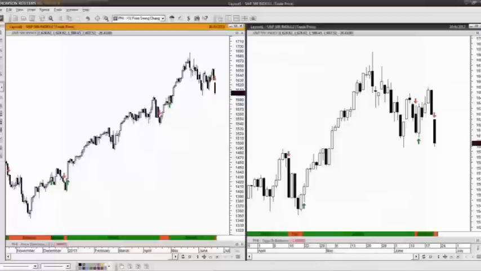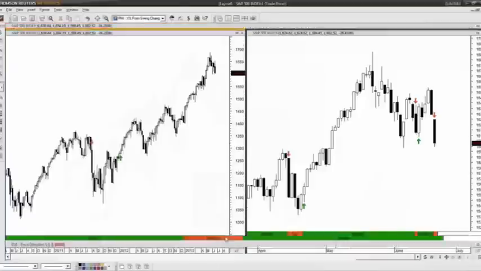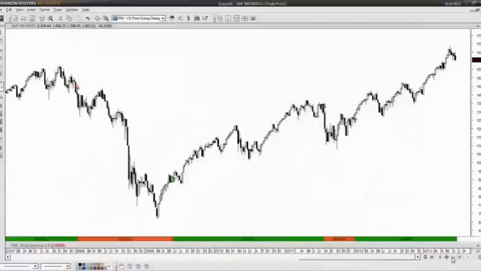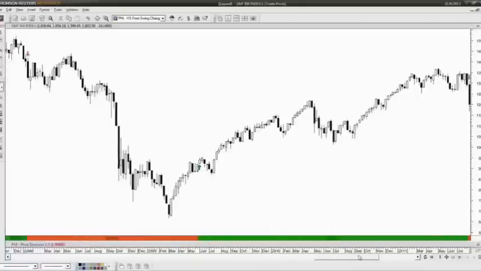So we can have a look at an example of, let's say, a failure swing to go long and a failure swing to go short by looking at the weekly chart of the S&P, which I'm sure a lot of you are quite familiar with. Yes?